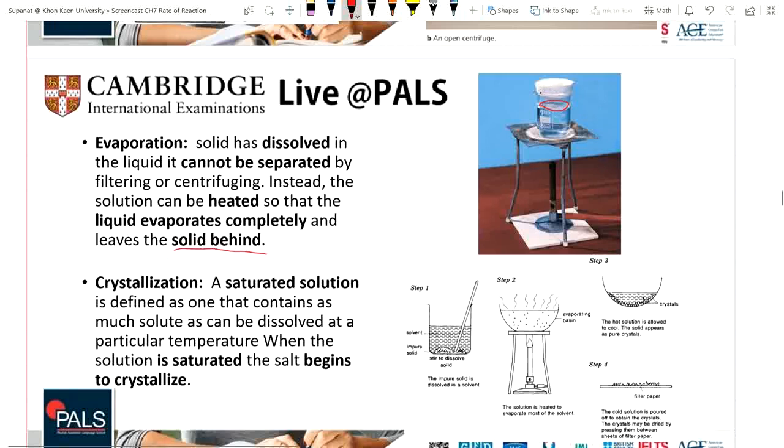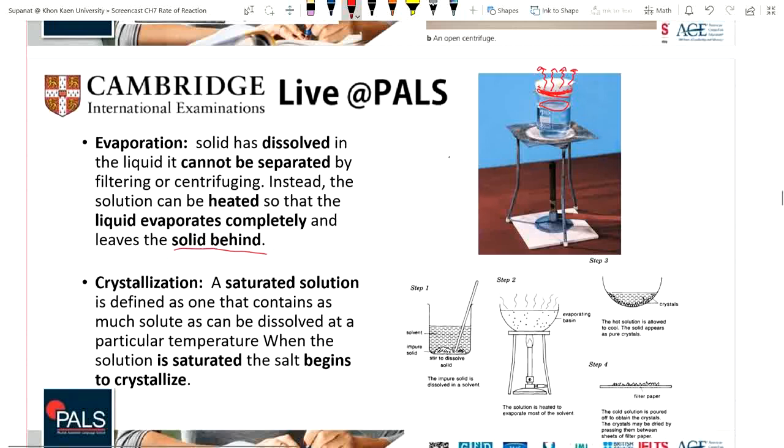So the solution in the porcelain bowl will evaporate. The liquid, the water, will evaporate and leave the solid behind in the evaporating dish. Okay?